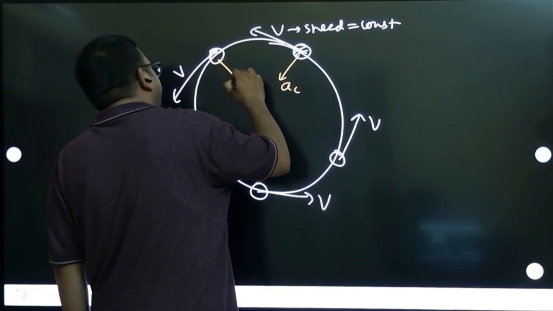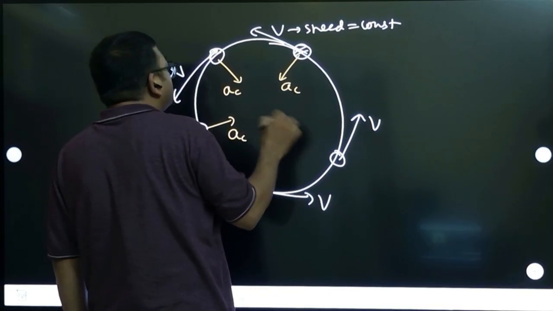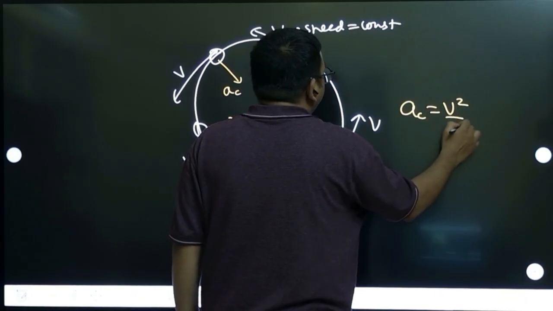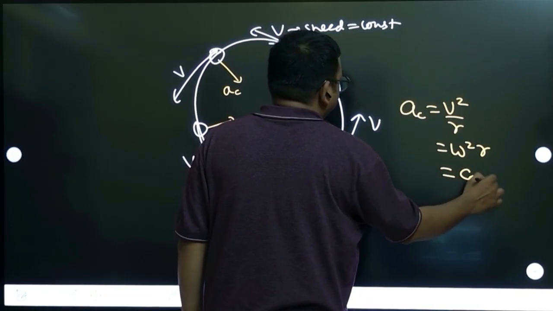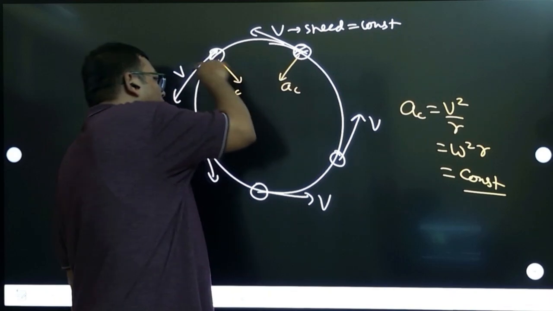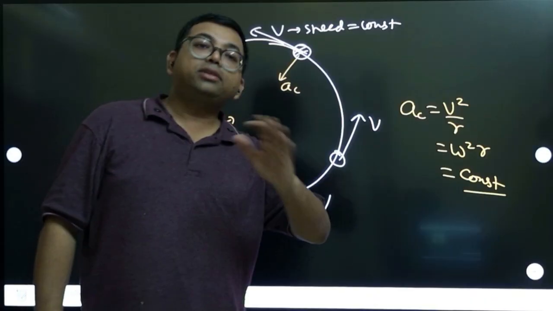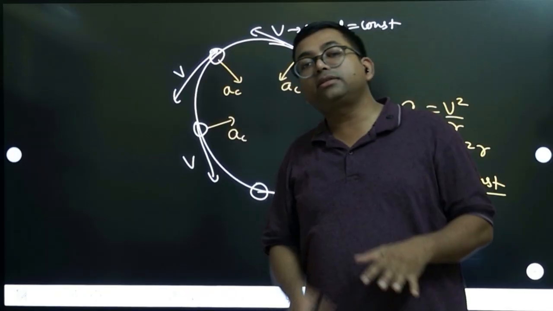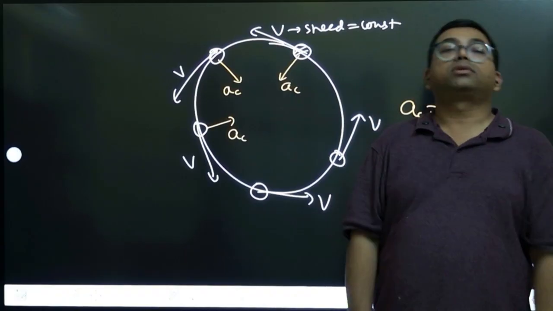When it is here, then acceleration will be in this direction. The centripetal acceleration magnitude is v square by r or omega square by r. This magnitude is constant, but you can see in the diagram the directions are changing. So the vector is not constant, because acceleration is a vector. So the acceleration vector is not constant. But if they ask magnitude, magnitude is constant. Right.